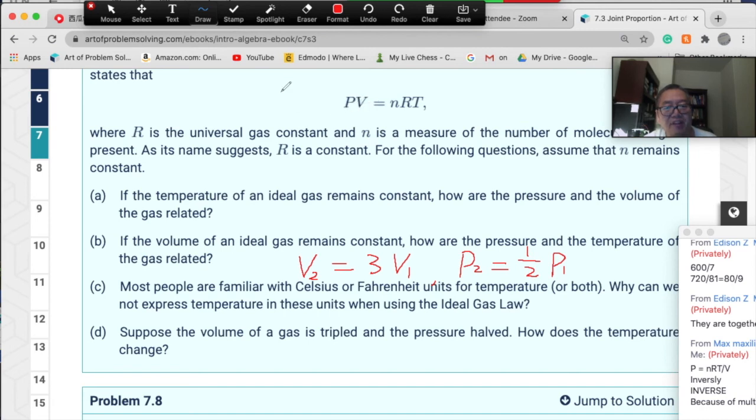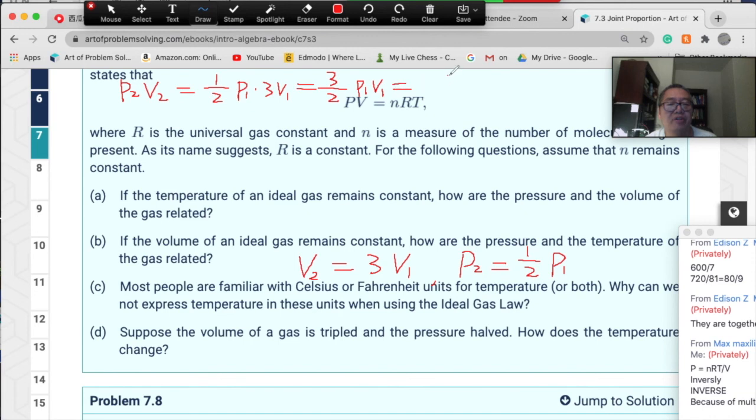So P2 times V2 equals 1/2 times P1 times 3 V1, right? Because this gives us P2 times V2 equals 1/2 P1 times 3 times V1. So you get this equals 3 over 2 times P1 V1.